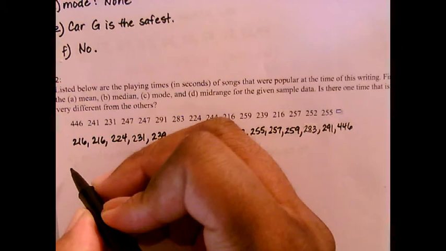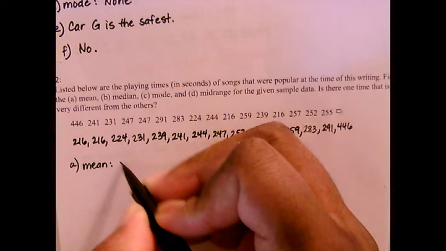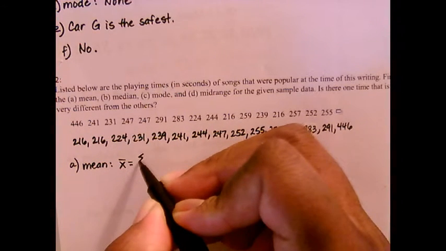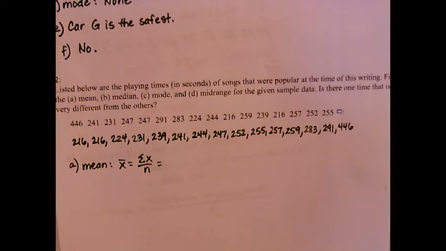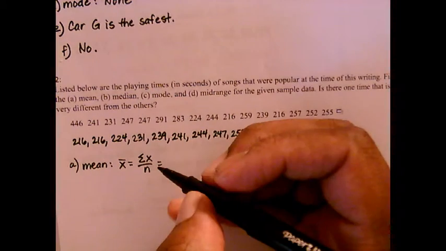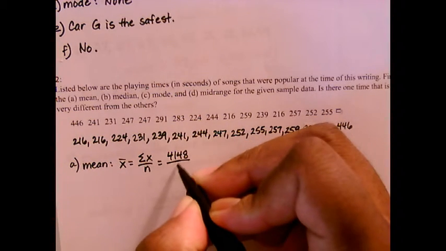Now we can find our mean, which is of course x bar equaling the summation of all your x's divided by n. Now if you take the time to add up all these data values together individually, you should get a sum of 4,148.